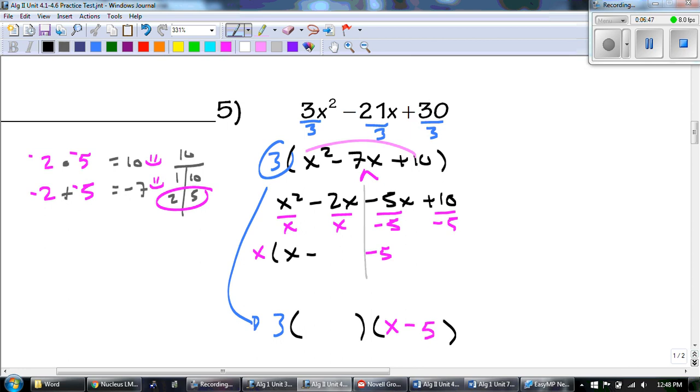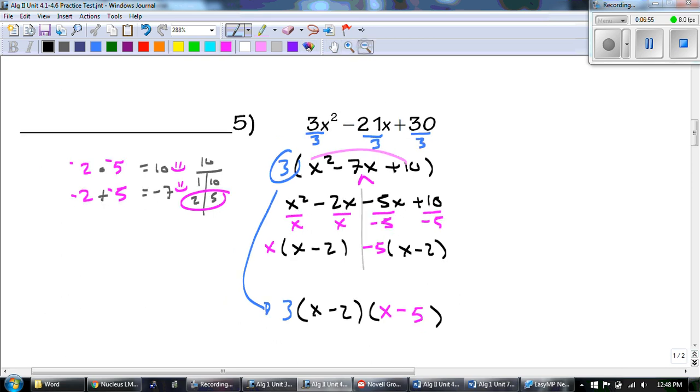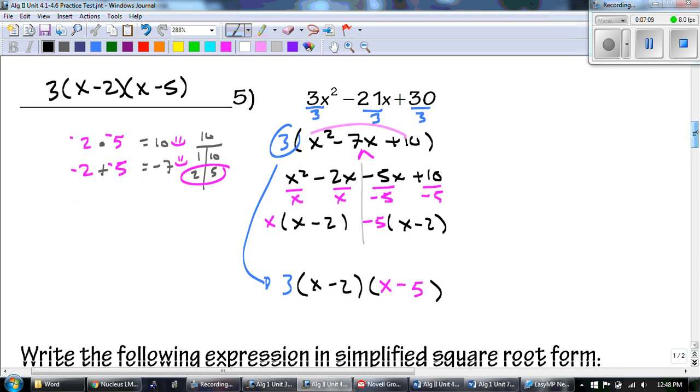So we get x minus 2, and over here we get x minus 2. So woohoo, did it correct. So my final answer is 3, x minus 2, x minus 5. That's as far as I can go because there's no equal sign.